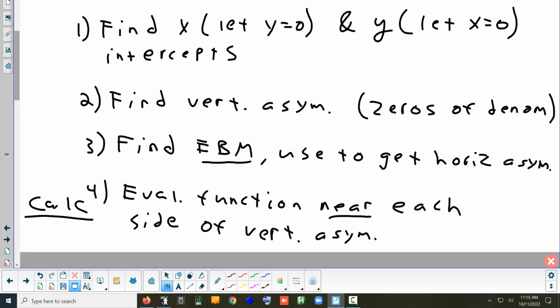If you have a vertical asymptote at 3, I would take the graphing calculator and plug in 2.99. Tell me what happens. Plug in 3.001 and tell me what happens. Don't plug in the asymptote itself. I know what it's going to say if you do that. It's going to say error. But plug in a number close to it.